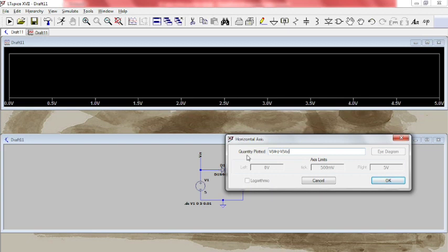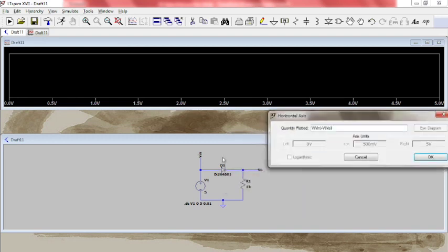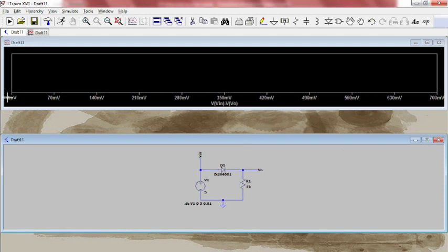That means input voltage minus output voltage. This V in minus V naught is equal to VD1. This is the voltage across the diode. Click on OK. Now our x-axis is OK.